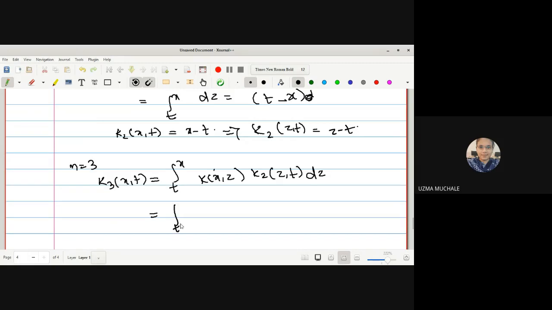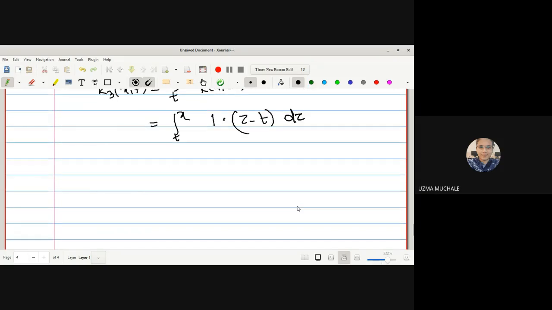So here we can write integration t to x, k of xz, which is 1, into z minus t dz. Now we simply evaluate the integration. The integration will be z square by 2 minus t into z within the limits t to x.